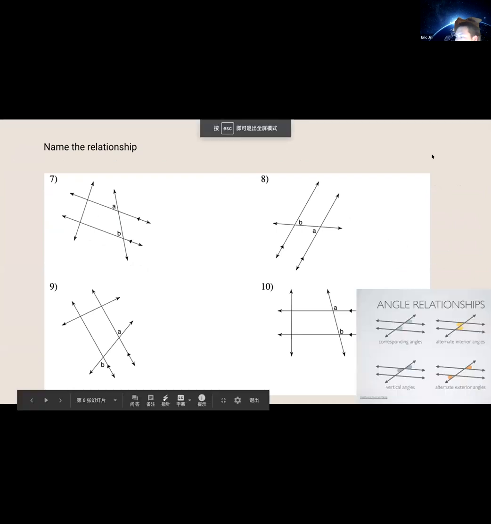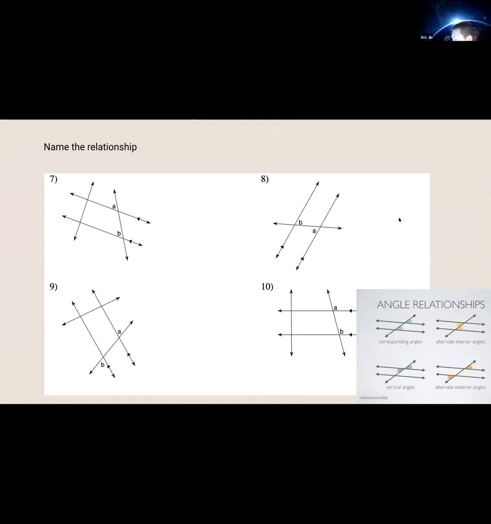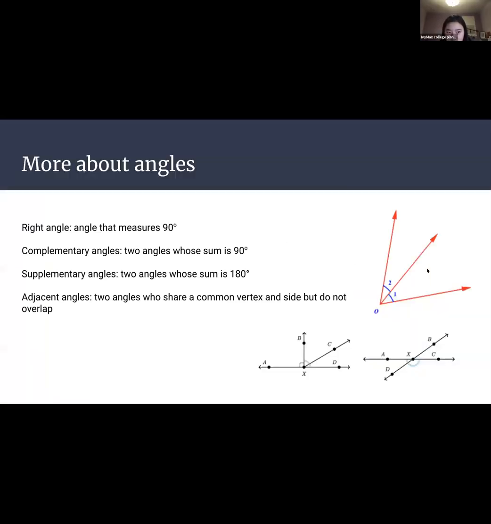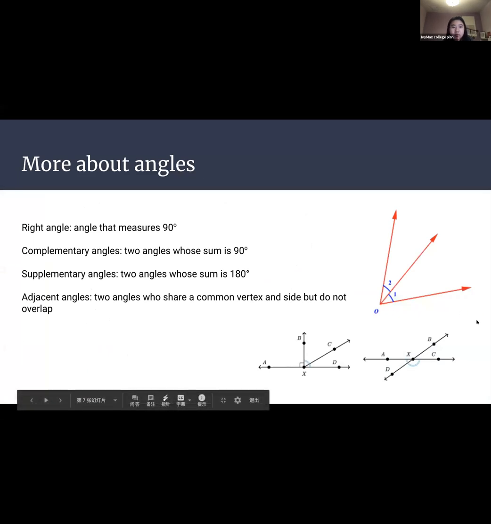And for number 10, they're on the same side, but they're on different parallel lines. So that makes them have equal angle measurement, but they're corresponding angles. Cool, nice. So let's move on.